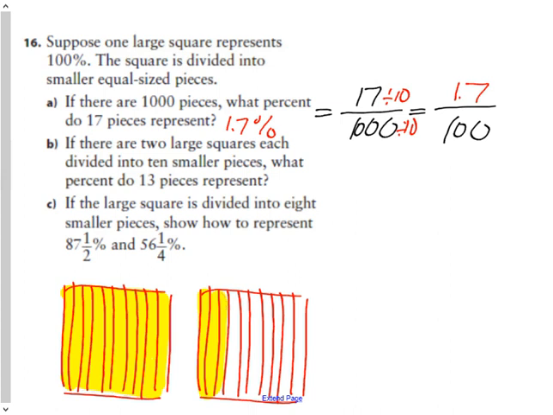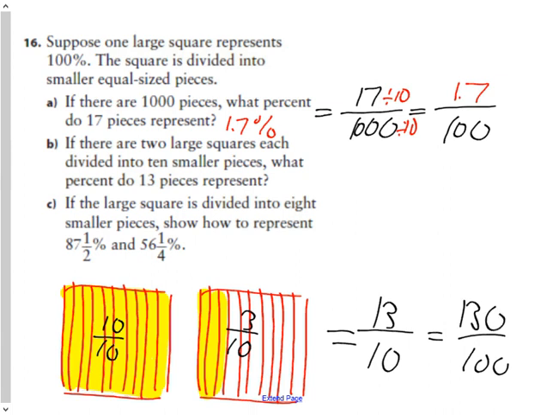Well, right here, we have 10 parts out of 10. And over here, we have 3 parts out of 10. If I was to add those two fractions together, it would be 13 out of 10, which as a percentage, since percentages are out of 100, would be 130 out of 100, which is equal to what percent? 130%.